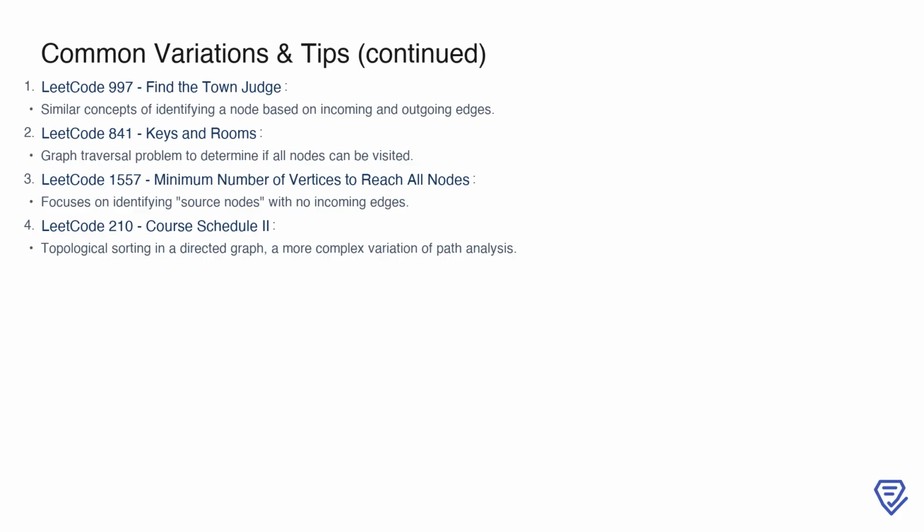LeetCode 1557, Minimum Number of Vertices to Reach All Nodes, focuses on identifying source nodes that have no incoming edges, which is essentially the reverse of the destination city problem. Lastly, LeetCode 210, Course Schedule 2, introduces topological sorting in a directed graph, offering a more complex variation of path analysis. Exploring these problems can help you spot commonalities in graph-related challenges and strengthen your problem-solving skills.